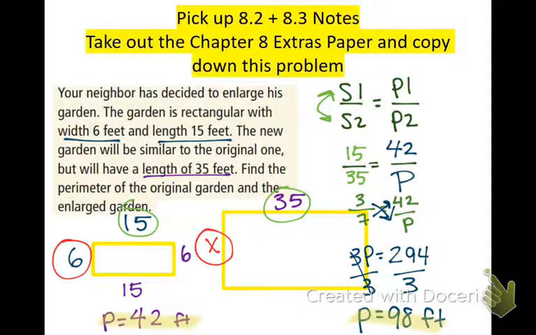So you could say x over, what would be on the bottom? 6. And then what would my second fraction be? If I did x over 6, then my next fraction would be 35 over 15. So remember that the tops have to be the same and the bottoms have to be the same. This would help you find the length, and then you could just add. Okay, so you get the same answer.